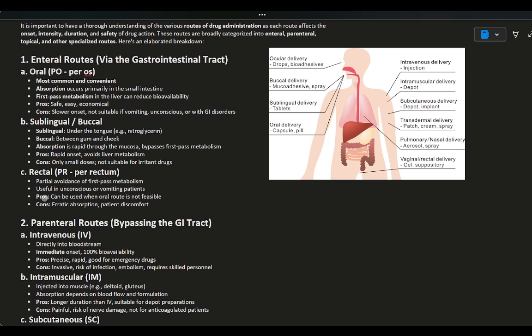So one benefit of this is that it can be used when the oral route is not feasible. On the other hand, the disadvantage is that it can be an erratic form of absorption, and a patient may not feel comfortable receiving the drug through this route. So always consider this.